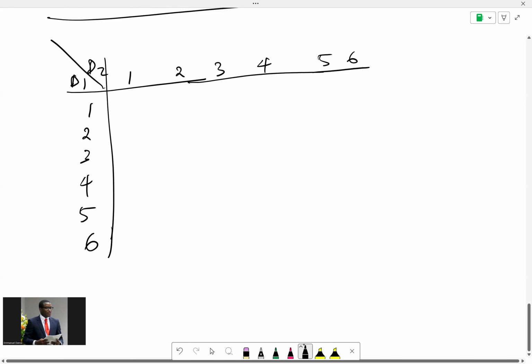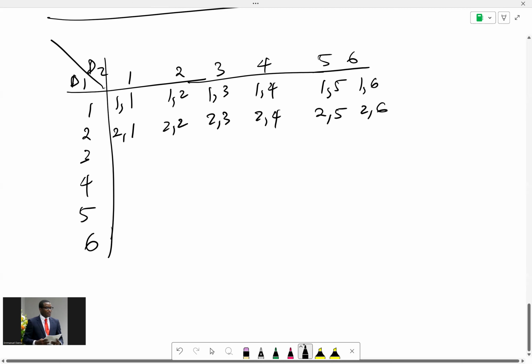So the sample space for rolling 2 dice will simply be all this. The first die can show 1 and the second is 1, so it can be 1,1; 1,2; 1,3; 1,4; 1,5; 1,6. It can be 2,1; 2,2; 2,3; 2,4; 2,5; 2,6.